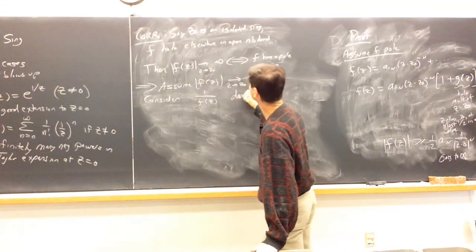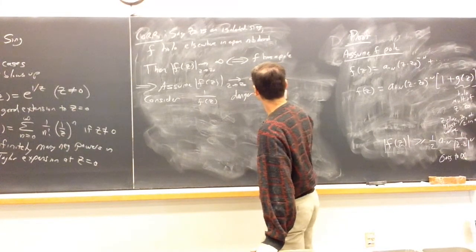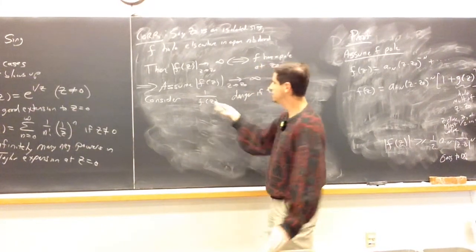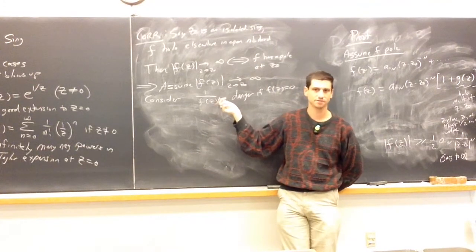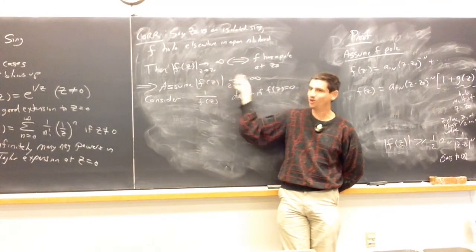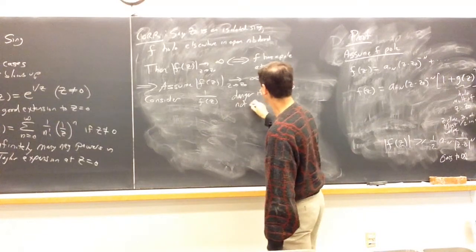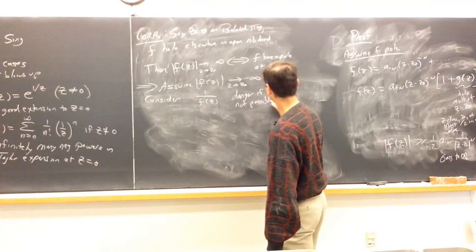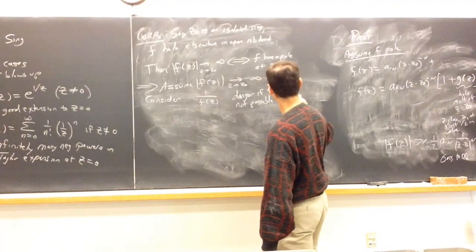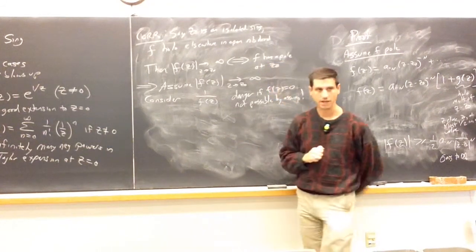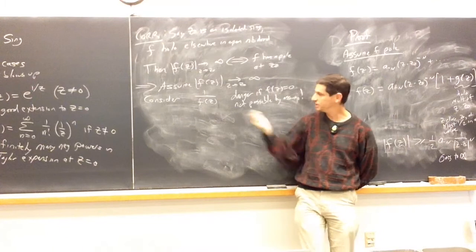So the danger is if f of z equals 0. Is that possible for z near z naught? No, we're told that it goes to infinity in absolute value. Not possible by assumption. Excellent. So it can't be 0.